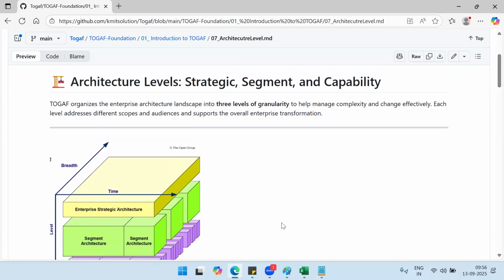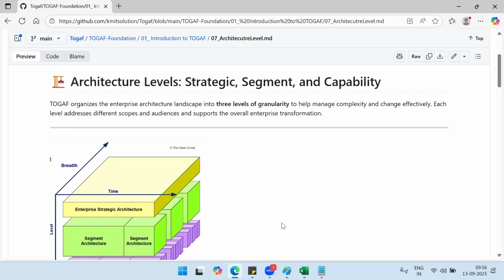So each level has a different scope and audience and supports the overall enterprise transformation. So this is the diagram which I have taken from TOGAF. Okay, so here you can see the enterprise strategy and the segment and the capability architecture.